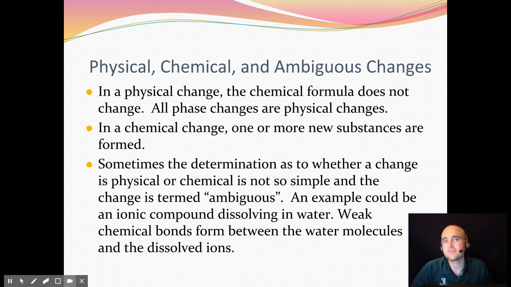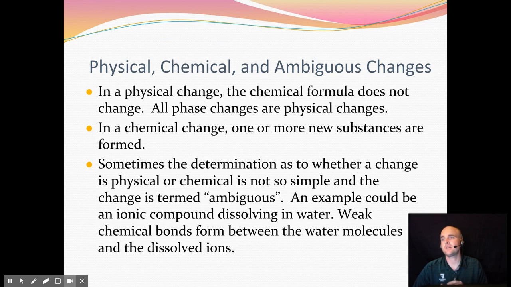Be familiar with the physical and chemical changes too, because they will be there. It's important for you to be able to identify them and know what's happening. If there's chemical changes going on, obviously there's going to be clues that you need to look for. And remember that they can be both.